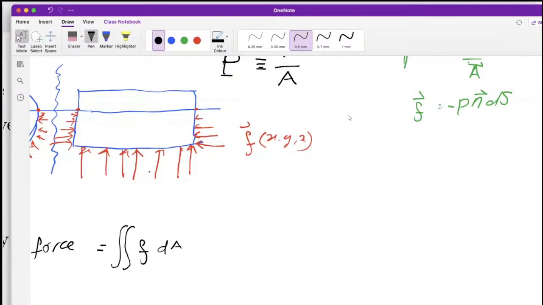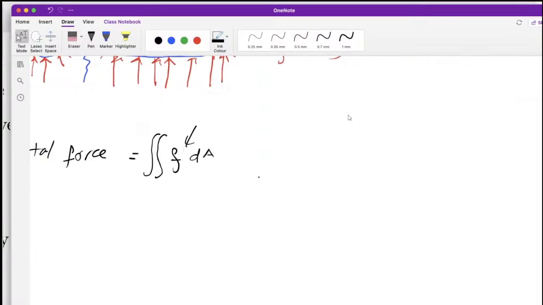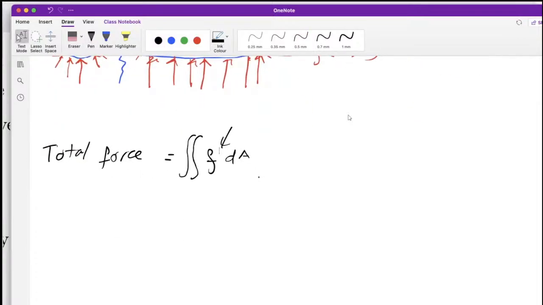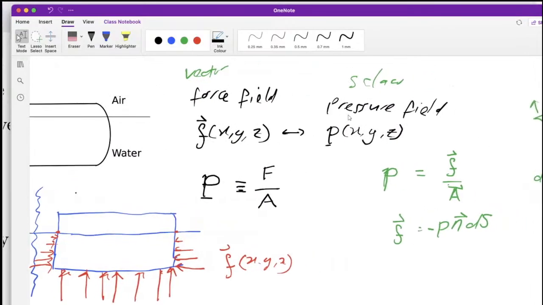So this is some of the force, but now we are going to look at what is inside here. And this is where we are going to define F. Let's recall our definition of F here.